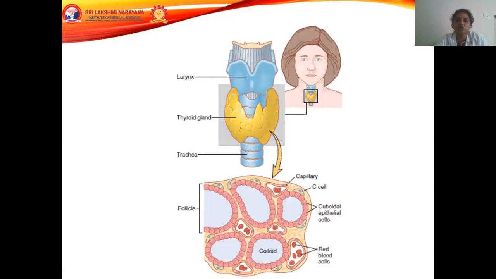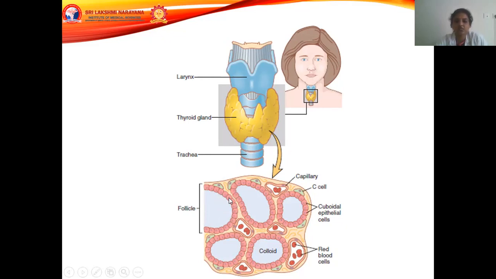Okay. So when you look at the organ histologically, what you see is it contains many follicles. So what is this follicle? Here you can see that a follicle is made up of cells around, and there is colloid material inside.